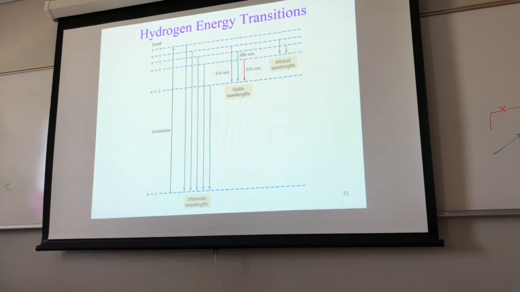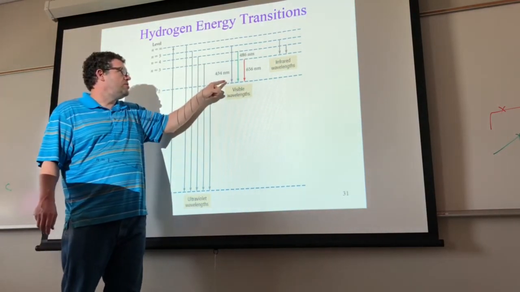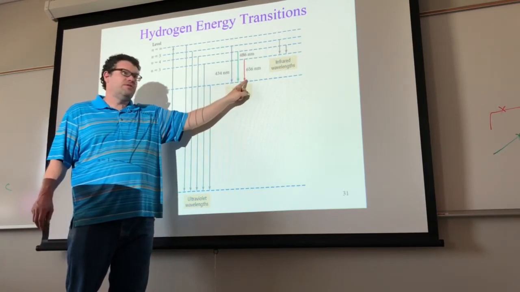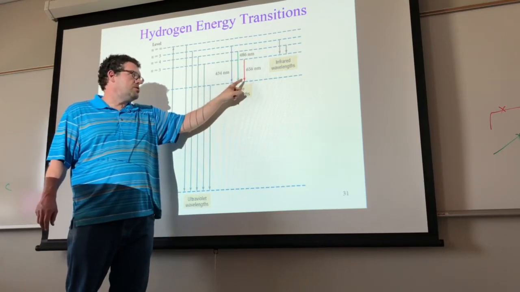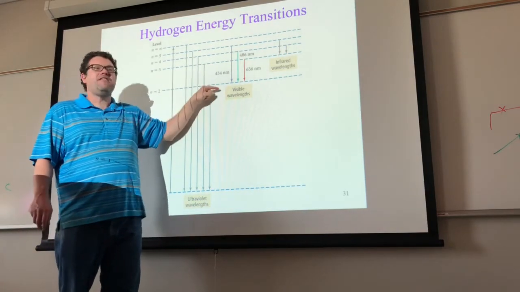In fact, the type of color that's given off depends on the transition. If you transition from 5 to 2 versus 4 to 2 versus 3 to 2, notice the colors of the arrows change. A transition from 3 to 2 is a lower energy transition than, say, 5 to 2.